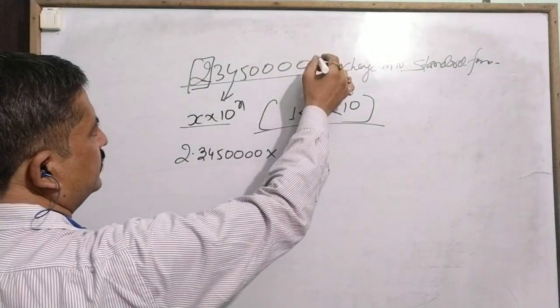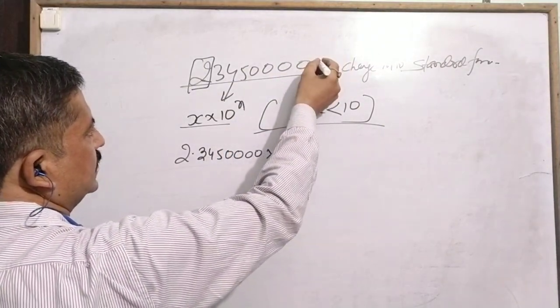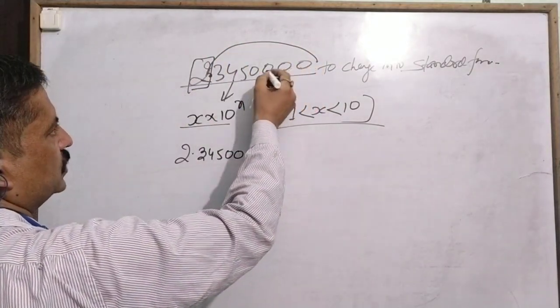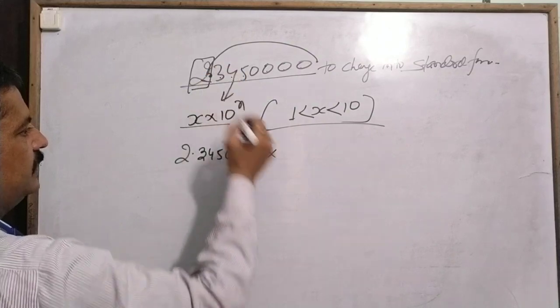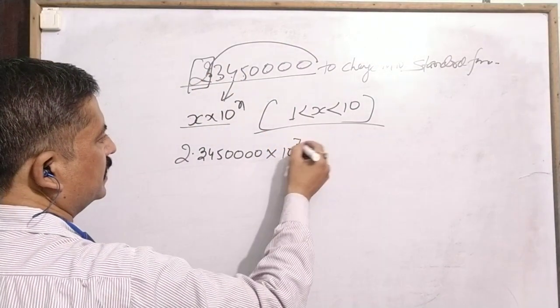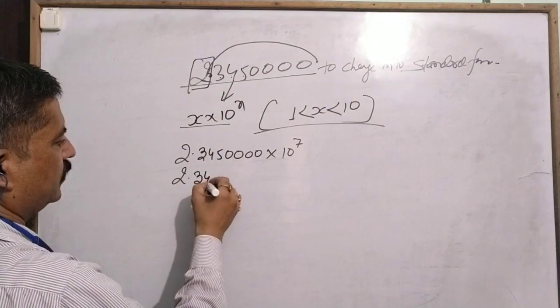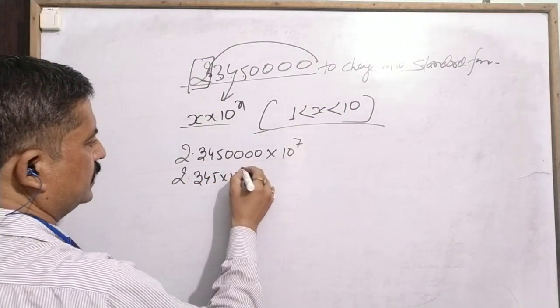In that number, where will the decimal be? We shift it, counting 1, 2, 3, 4, 5, 6, 7. So 10 power 7. But in general form you write 3, 4, 5 into 10 power 7.